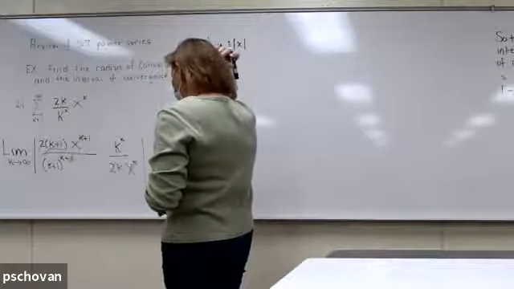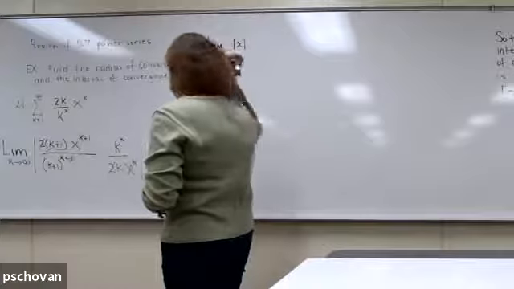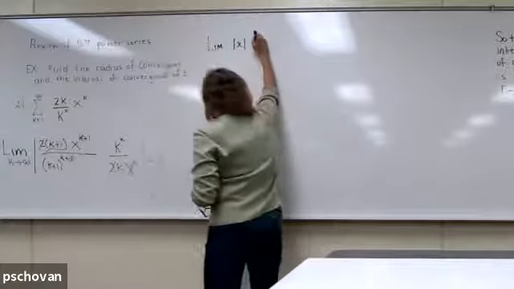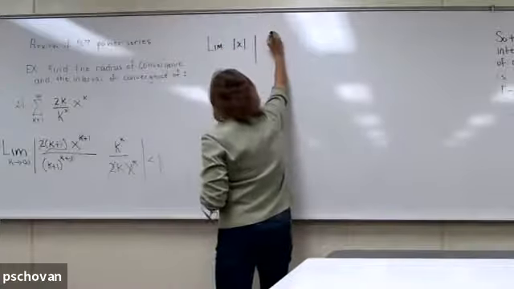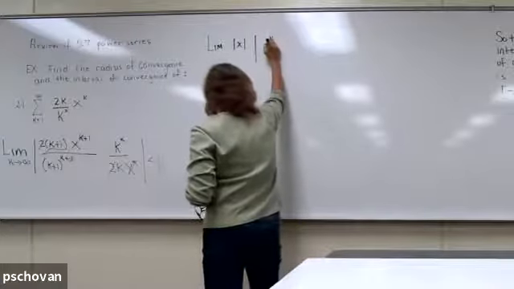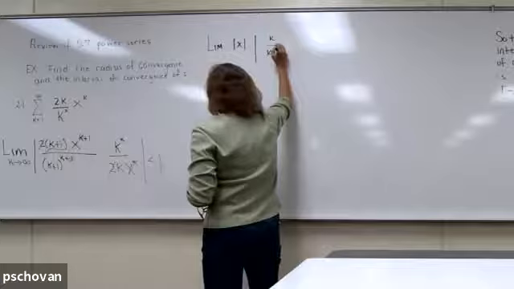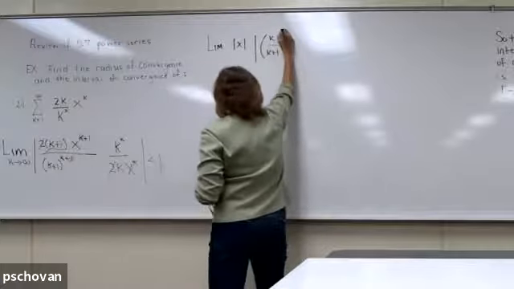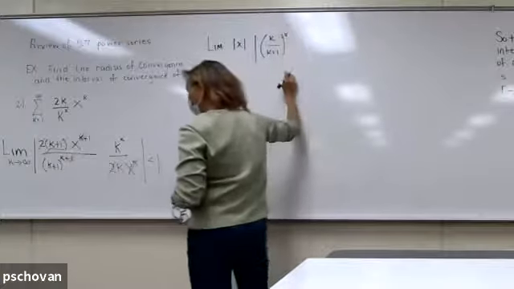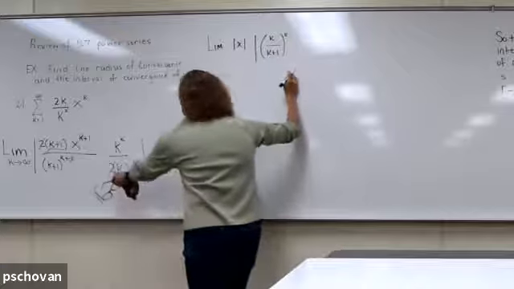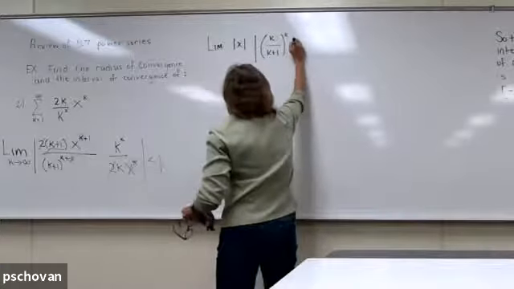And so we have what? We have k over k plus 1, all of that to the k. And I still have this k down there.